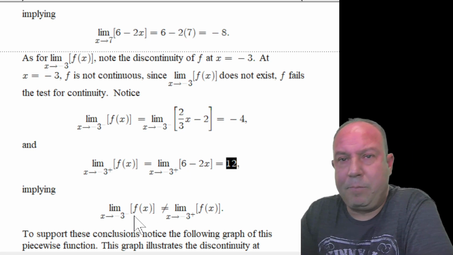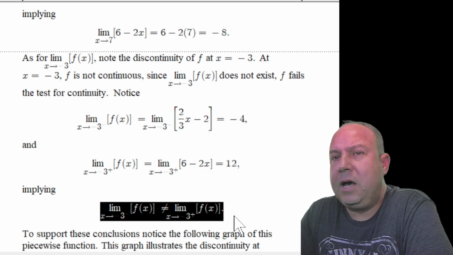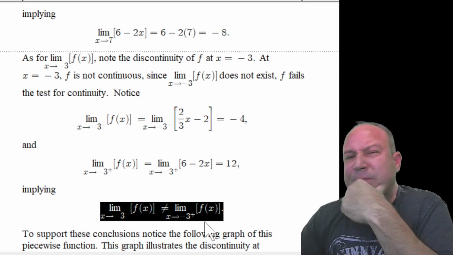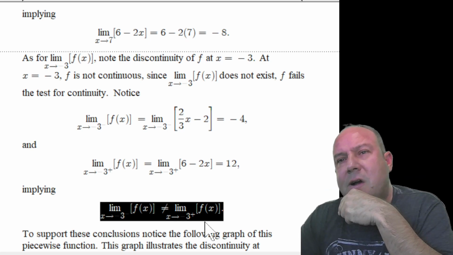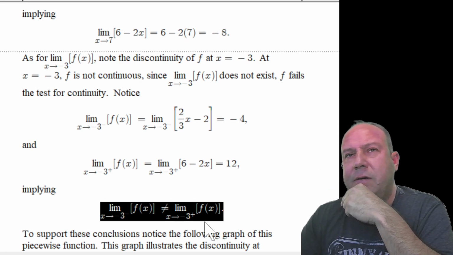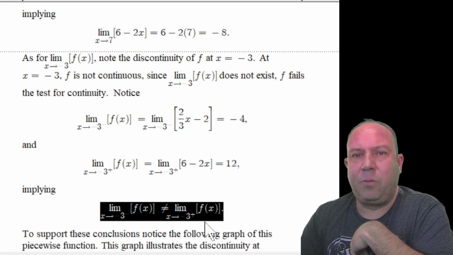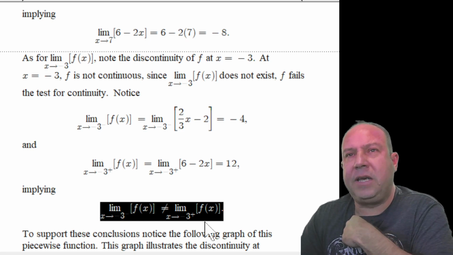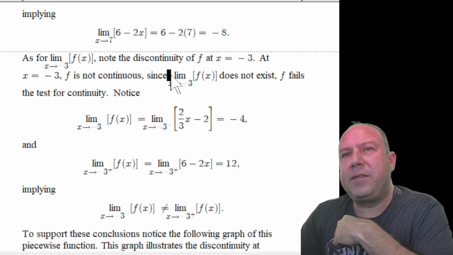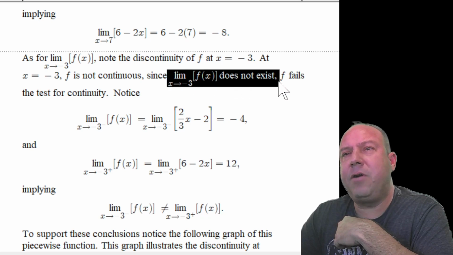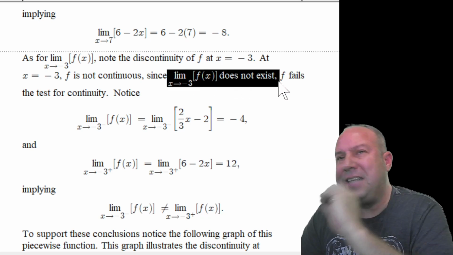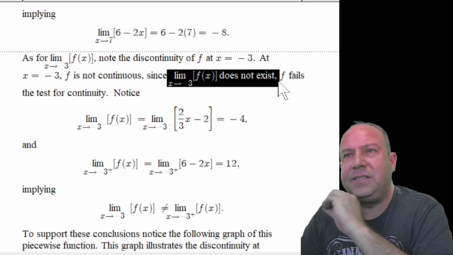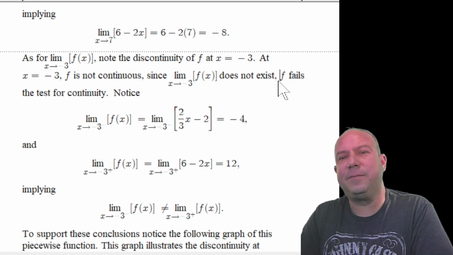This implies that these two one-sided limits, the left and the right side limit, aren't equal to each other for the case where x is approaching -3. So what must be true about the limit as x approaches -3 for our function is that it does not exist. We can safely say that in this case.